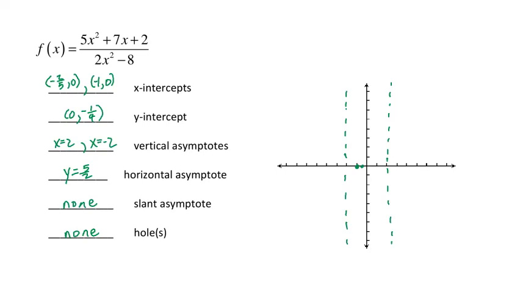Five halves is 2.5, and 2.5 was our horizontal asymptote, so we're going to draw a horizontal asymptote here.